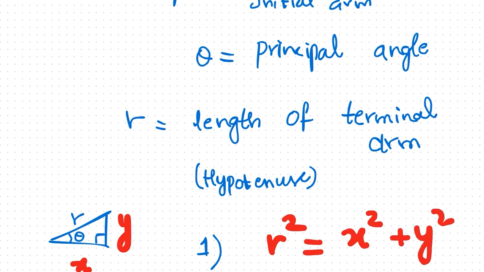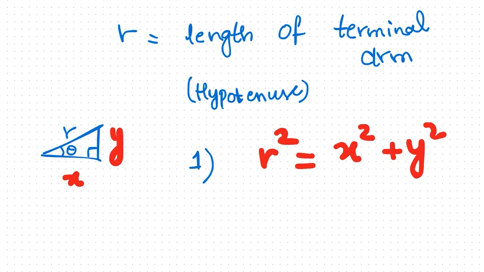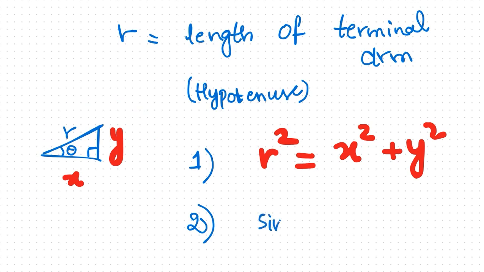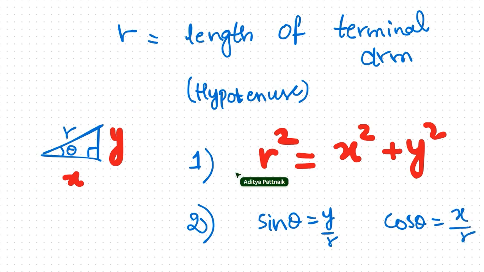This is the first application. Second thing which is important is how much is sine theta in this triangle? y over r. So sine theta is y over r. Cos theta is x over r.